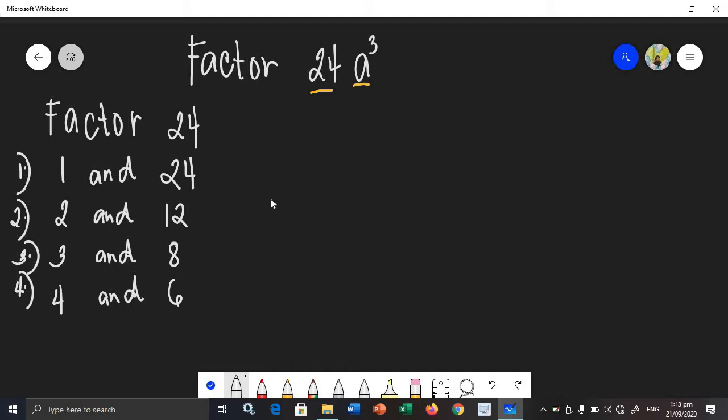So we've already factored the number in the monomial. How about the variable? We will be factoring a to the third power, or a cube. How do we factor a variable? We will just be splitting the exponents.